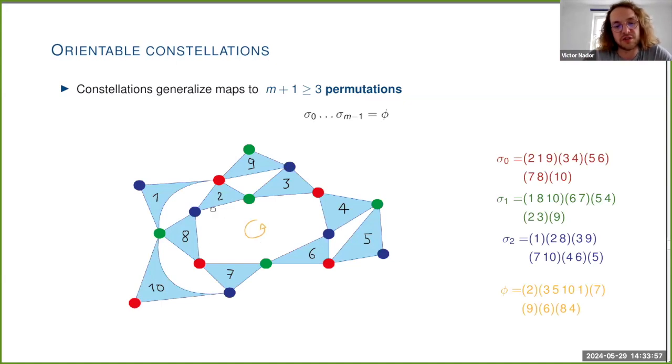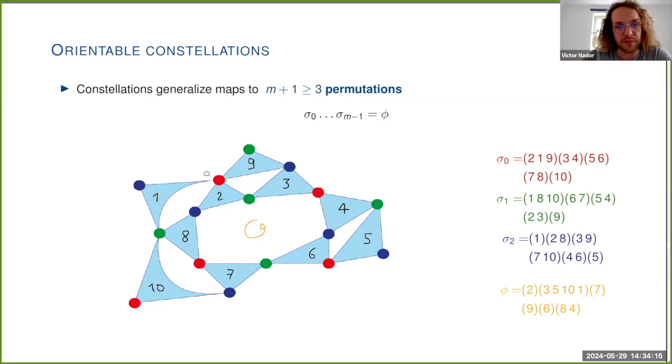In constellations, the notion of edges is replaced by hyperedges, which correspond to my blue polygons here. So here I drew a constellation: the red corresponds to color 0, green to color 1, and blue to color 2.